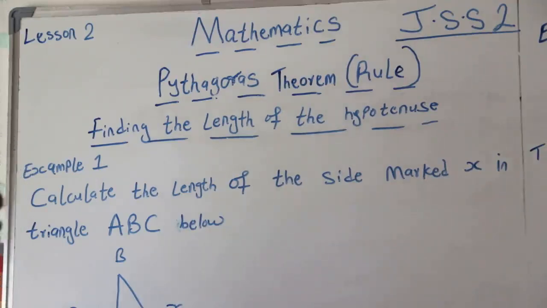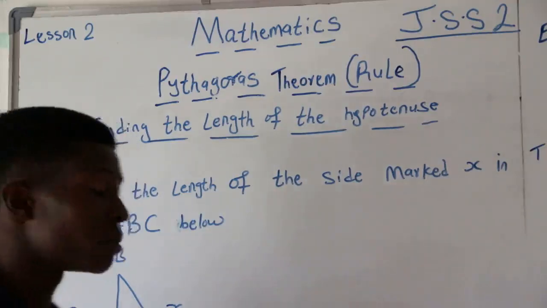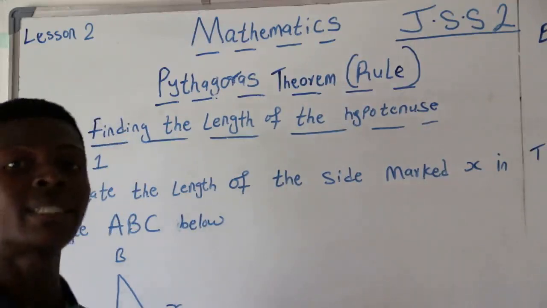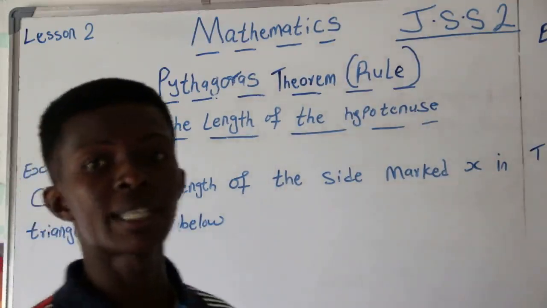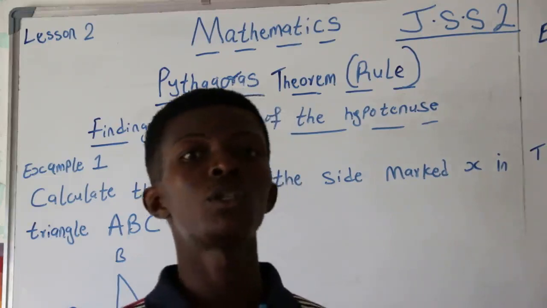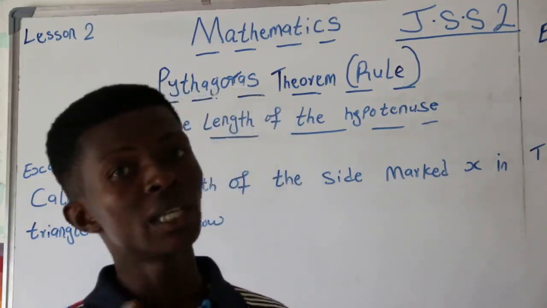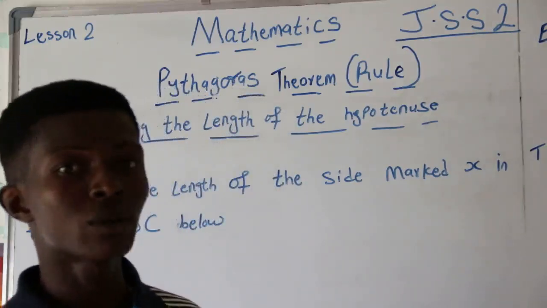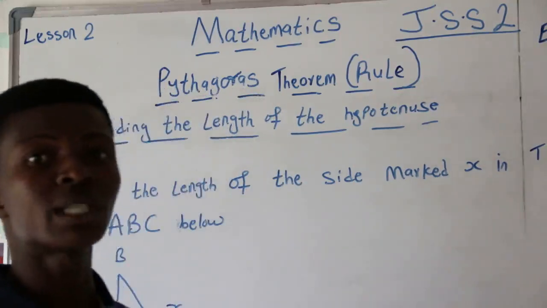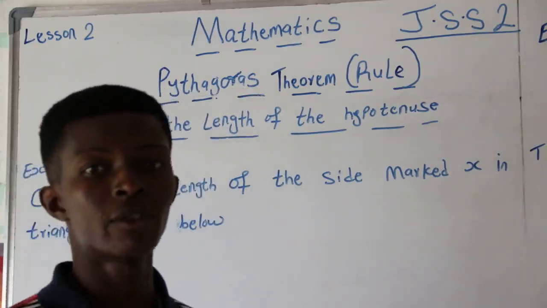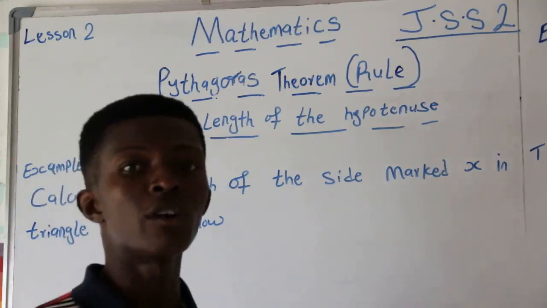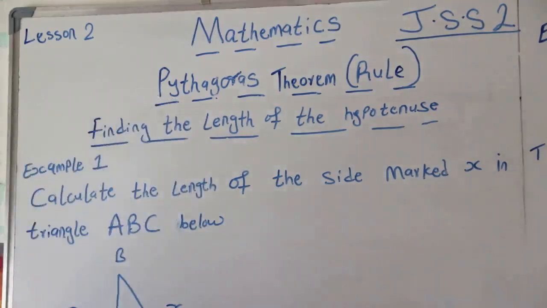In this place, you will be given a right angle triangle, and the quantities of the sides will be given, but the quantity of the hypotenuse will not be given. So I would like us to concentrate so that we'll see how exactly we solve to get the length of the hypotenuse.